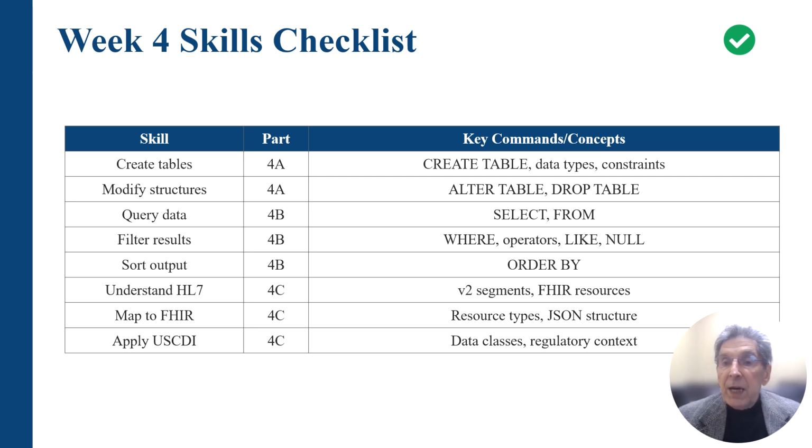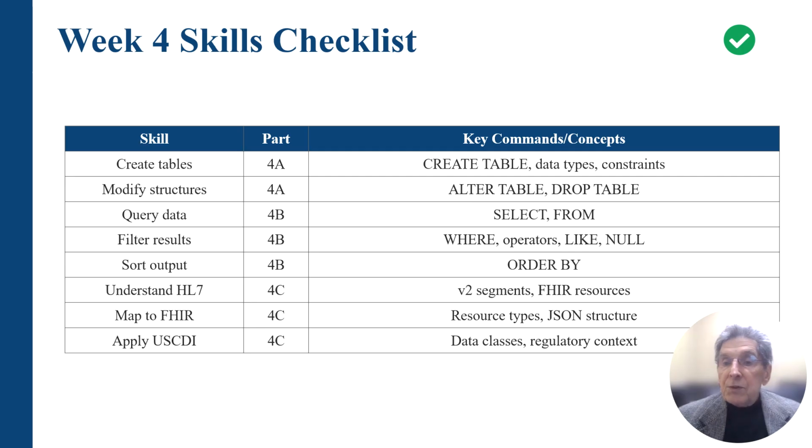You can also modify existing structures using the alter table to add or change columns. You can remove structures using drop table when needed, fortunately very rarely. Then, moving on to Part 4B, you can query data using the select and from to specify columns and tables.